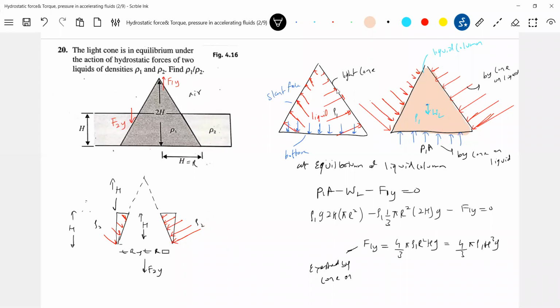Okay, this part is what? Its weight is what you have to find out. Just like the previous problem, the same analogy I'm using. That's why I just picked up two problems here. The weight of this blue color liquid, which is there outside the cone, that is what you have to take. How to calculate that particular volume?